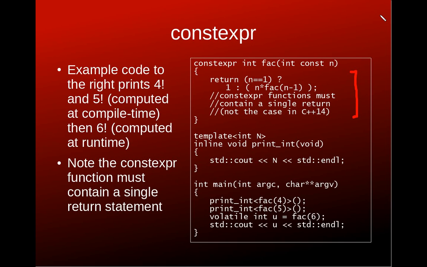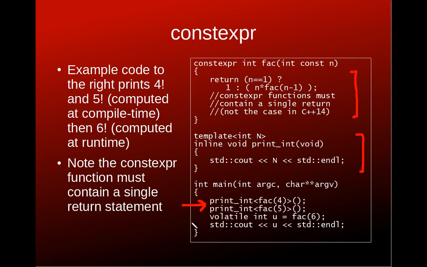So I have this ternary operator here to boil it down to one return statement. If I can draw your attention down to this printint function, it accepts a template argument, which allows us to invoke the printint function with fac as a template argument. Since we're supplying it to a template argument, which requires a compile time constant, it is guaranteed in this context that fac will be evaluated at compile time.